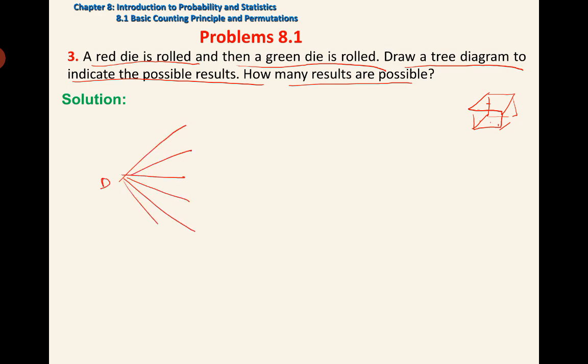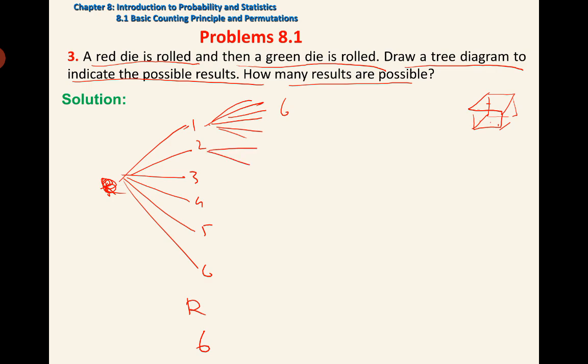When you throw a die, there are 6 possible outcomes: 1, 2, 3, 4, 5, 6. This is a red die. You are throwing a red die, and there are 6 possible outcomes. Again, a green die. If the red die is showing 1, then still there are 6 more possible cases.